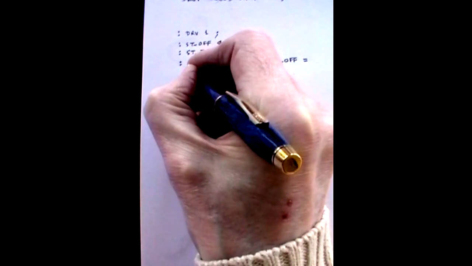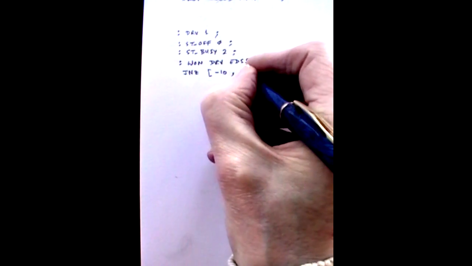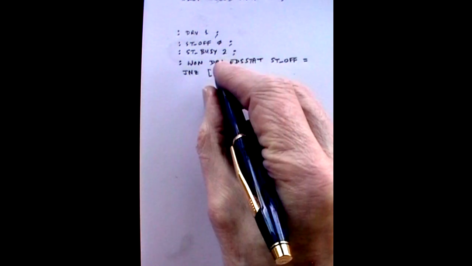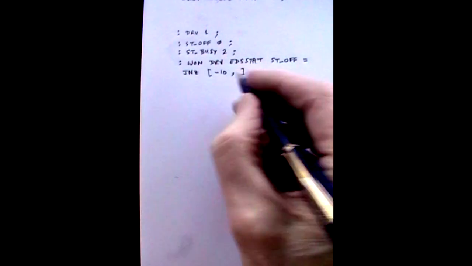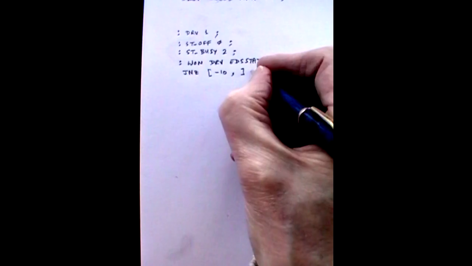If it's true, the value will be non-zero, and we're going to jump back to do the test again, which if you count 2, 4, 6, 8, 10. So it will wait in this routine until the drive is on. End.